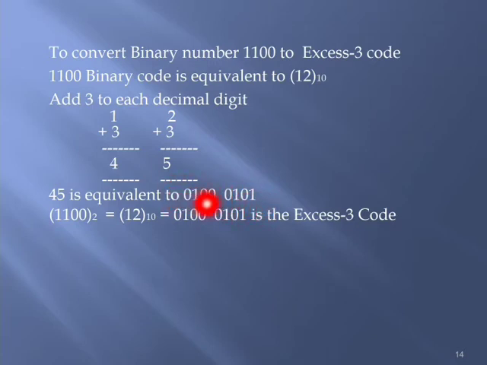This itself is the result for binary number 1100. So 1100 base 2 is equal to 12 base 10, which is equal to 0100 0101 in the XS3 code. This is how you can convert the given binary number to XS3 code.